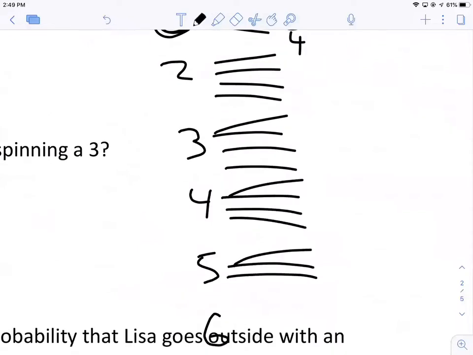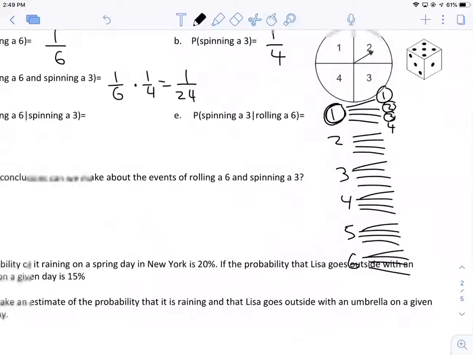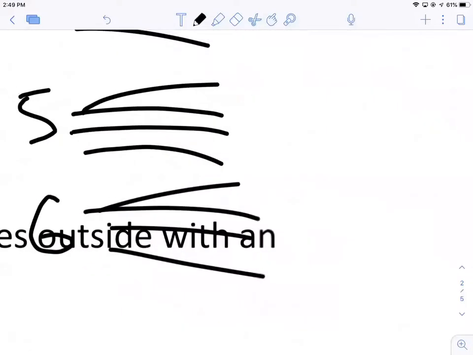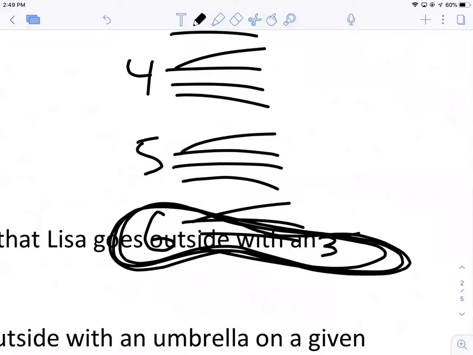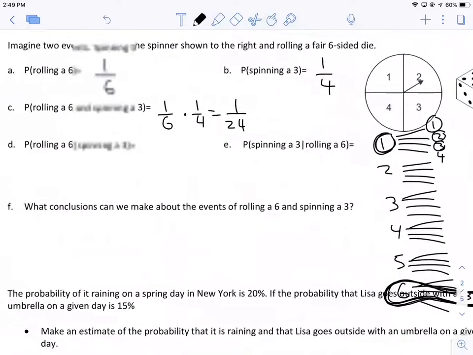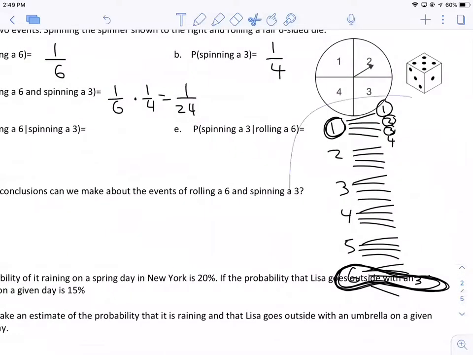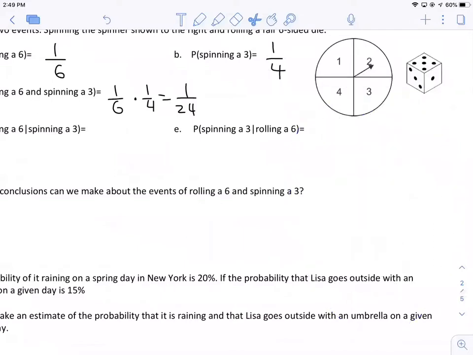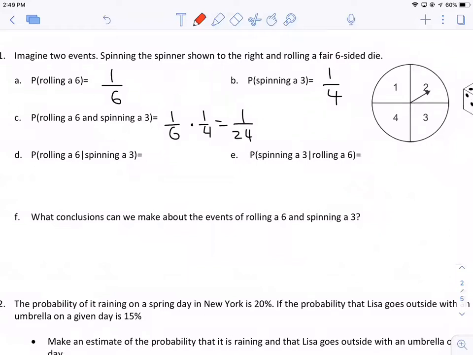If you count all the branches here, there are 24 possible outcomes when I roll a die and spin a spinner, only one of which, rolling a 6 and spinning a 3, satisfies my desired conditions. So that is 1 out of 24 outcomes, which is exactly what we have here, 1 out of 24. But we're never going to do it that way, right? Just showing you that it's the same whether you do it with sample spaces or just multiplying probabilities.